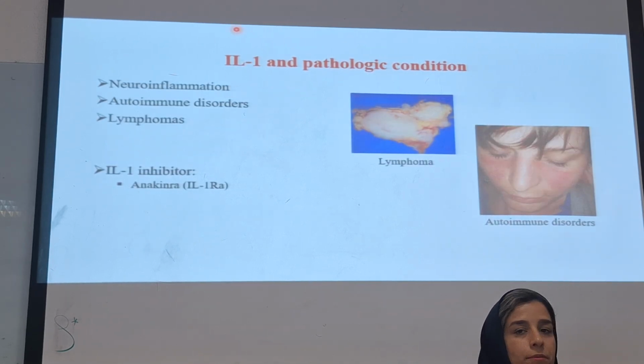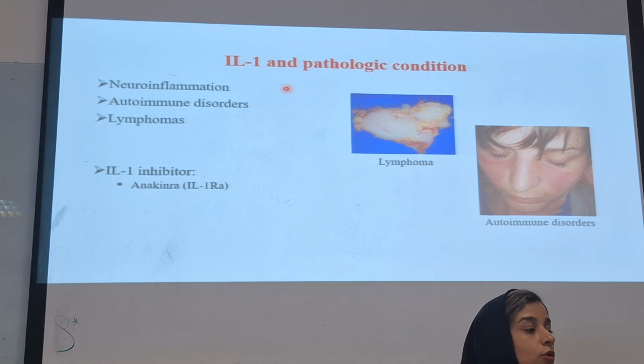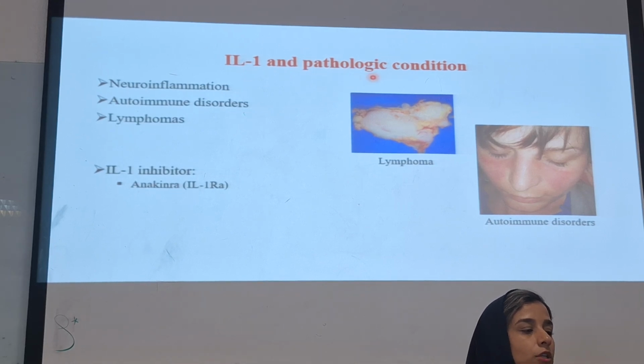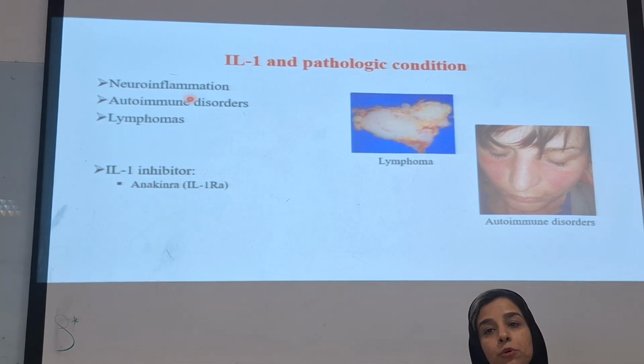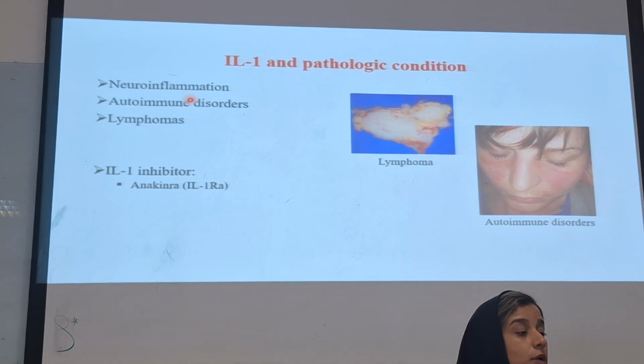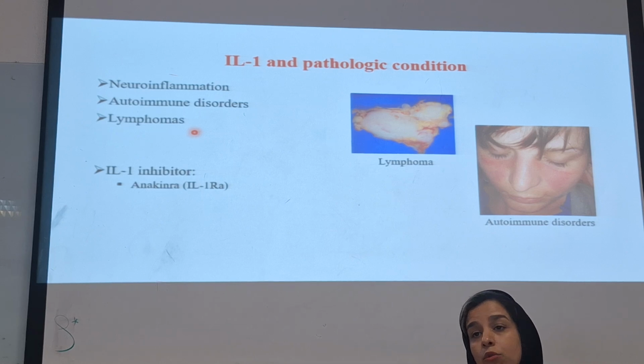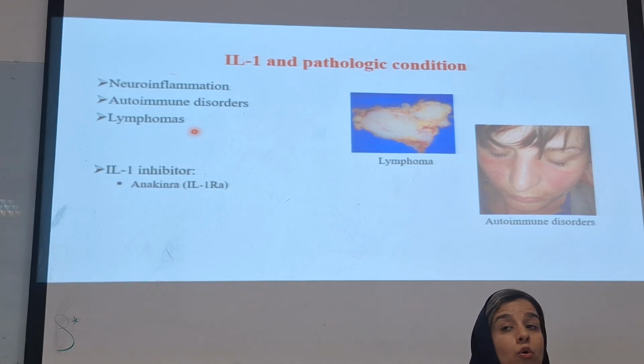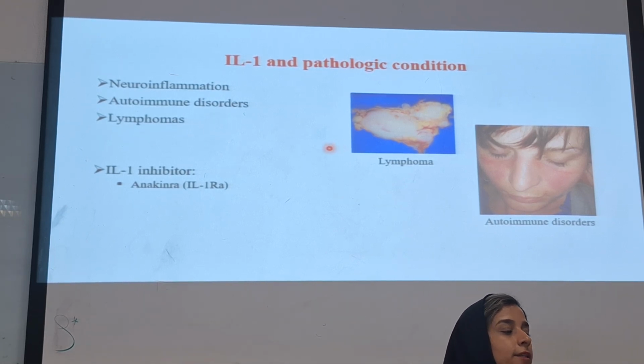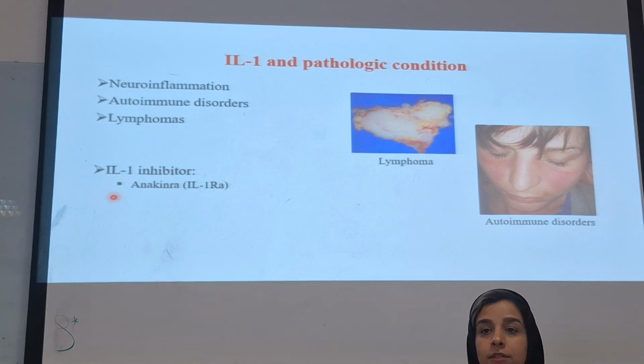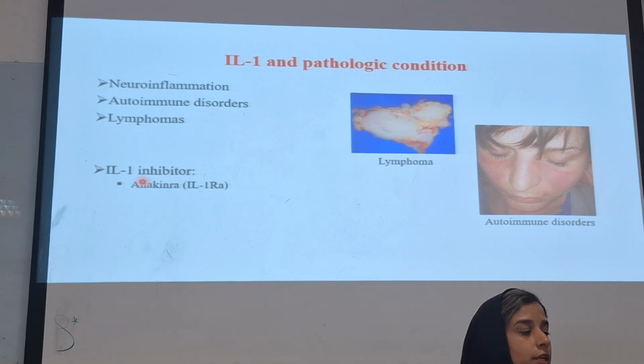And another type of cytokine is interleukin-1. When interleukin-1 is produced in huge, uncontrollable numbers, it will lead to some disorders like lymphomas, autoimmune disorders like rheumatoid arthritis, and neuroinflammation. These days the drug for inhibiting interleukin-1 is anakinra.